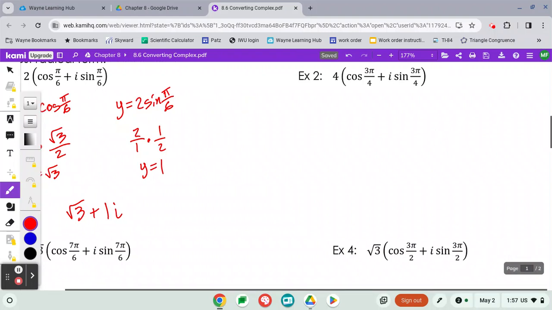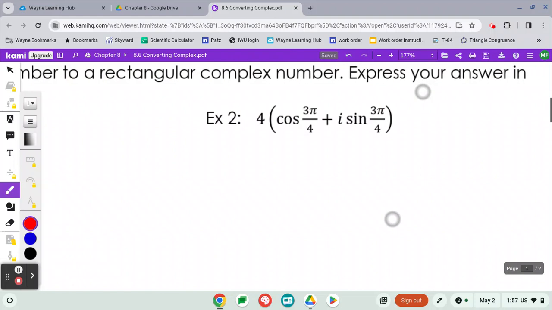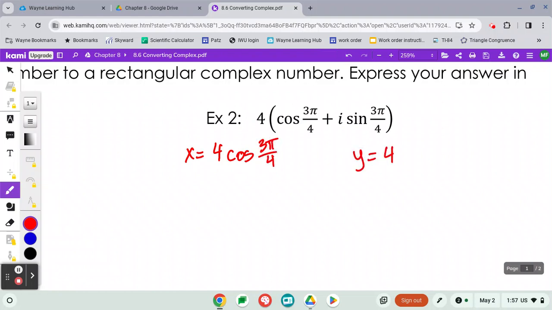So the next one, exact same process. This one, 3 pi over 4. So for our x value, it's going to be 4 times the cosine of 3 pi over 4. For the y value, it is 4 times the sine of 3 pi over 4. And for the x, cosine of 3 pi over 4, that's negative square root of 2 over 2.